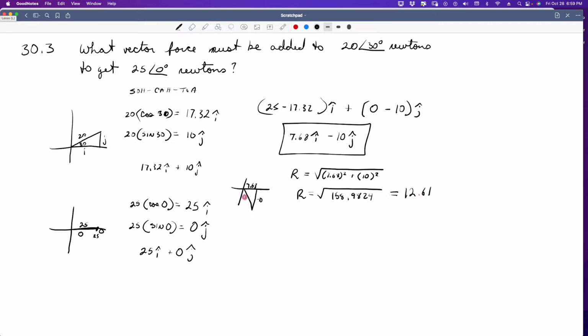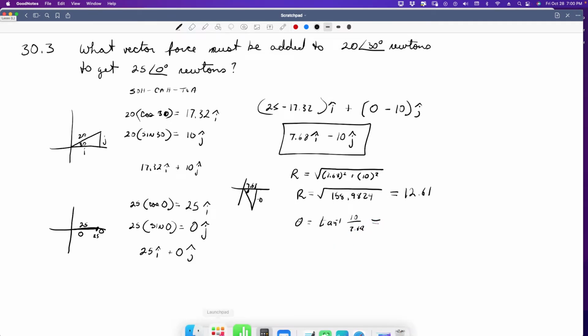And our degree, we could go a negative this way. And all we have to do is find the tan. So this would be theta, and that would be the inverse tan of 10 over 7.68, because this is the opposite and this is the adjacent.